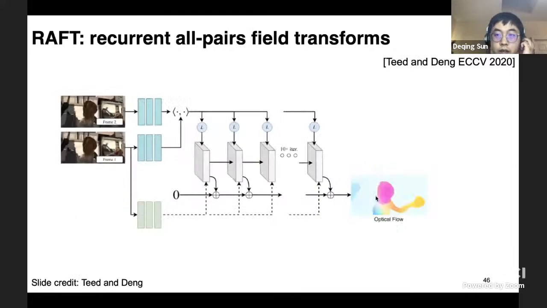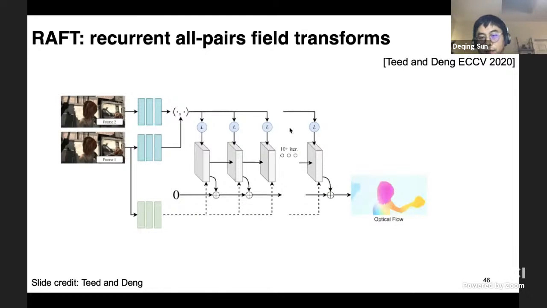And another recent work is RAFT, which further pushes this recurrent iterative refinement idea. When we build the cost volume and do the prediction of the optical flow, the paper proposed that you can apply this refinement as many times as you like.